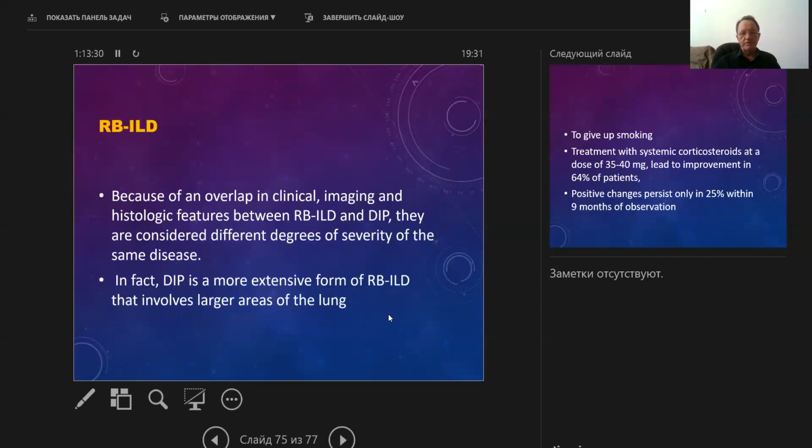Because of an overlap in clinical, imaging and histological features between RB-ILD and DIP, there are considerably different degrees of severity of the same disease. In fact, DIP is a more extensive form of RB-ILD that involves larger areas of the lung.